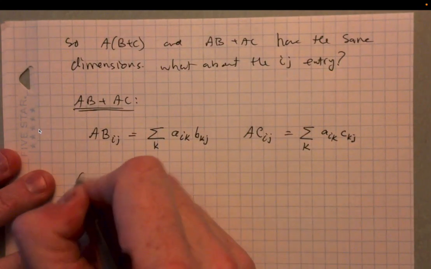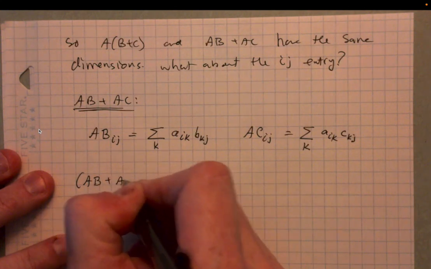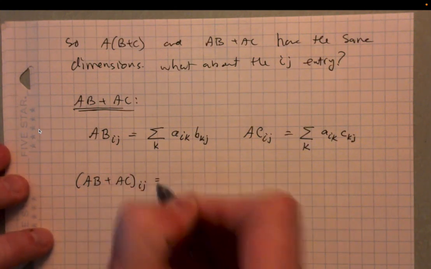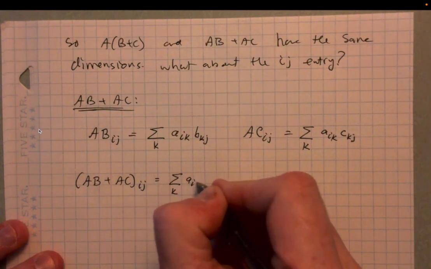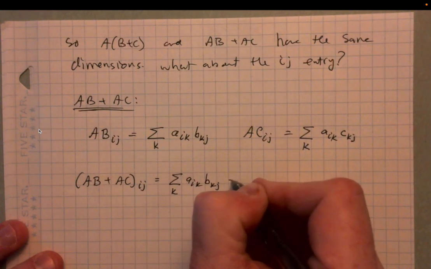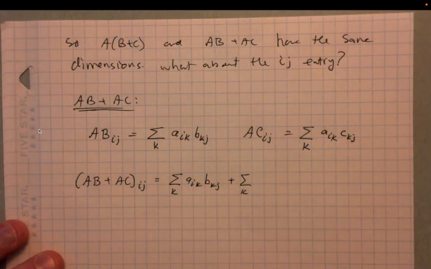And so if I take AB plus AC, the IJ entry there is just going to be the sum of these two. Right, just like this.